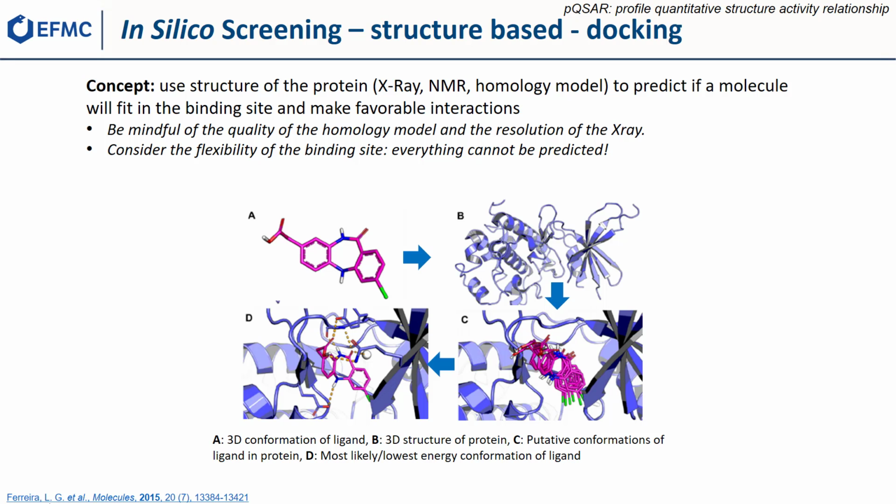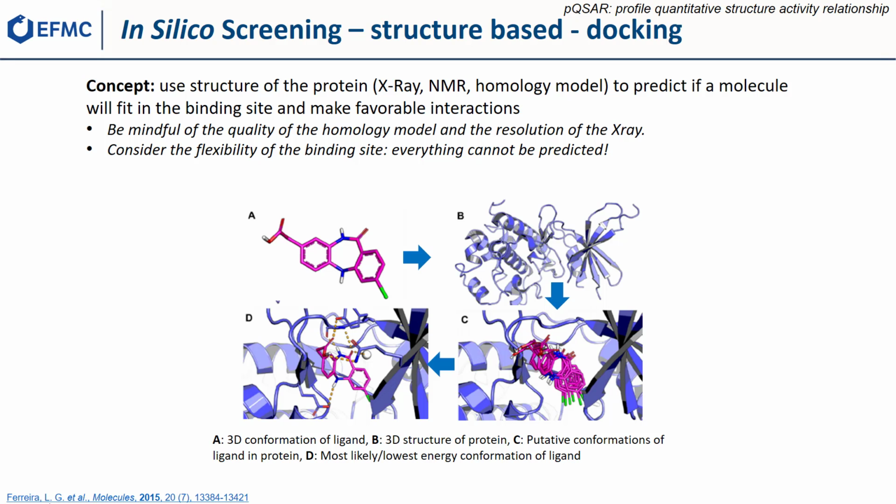Then you have the structure of the protein. And using computational methods, docking methods, you will place your compound inside the binding site and determine possible conformations of the ligand in the protein. In the end, you will also select the most likely, lowest energy conformation of the ligand.